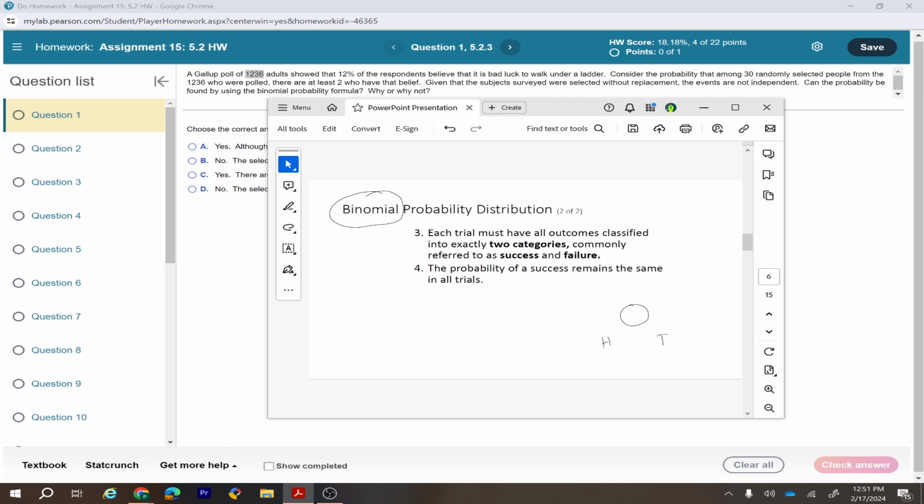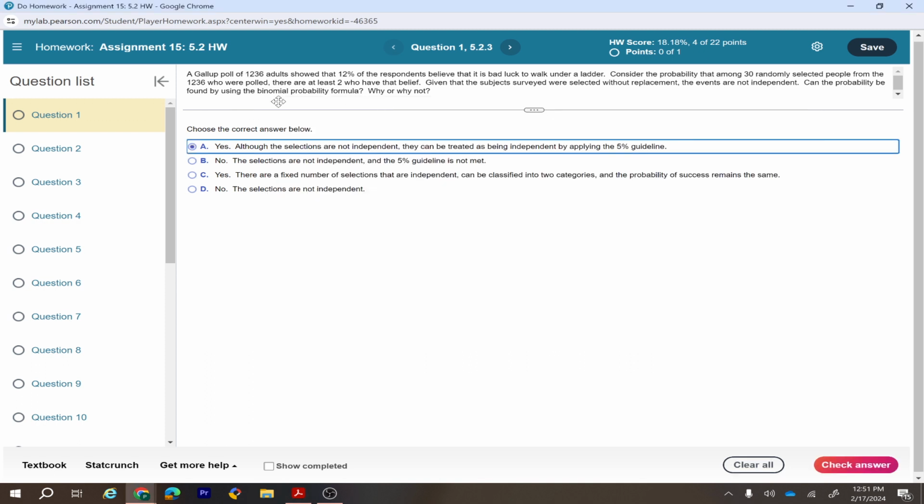Either you ask the first person, and the answer is either yes or no. So this is the binomial probability distribution with less than 5% samples. We can treat this as independent, so we can use the binomial probability formula. So the answer is yes. Although those selections are not independent, they can be treated as being independent by applying the 5% guideline.